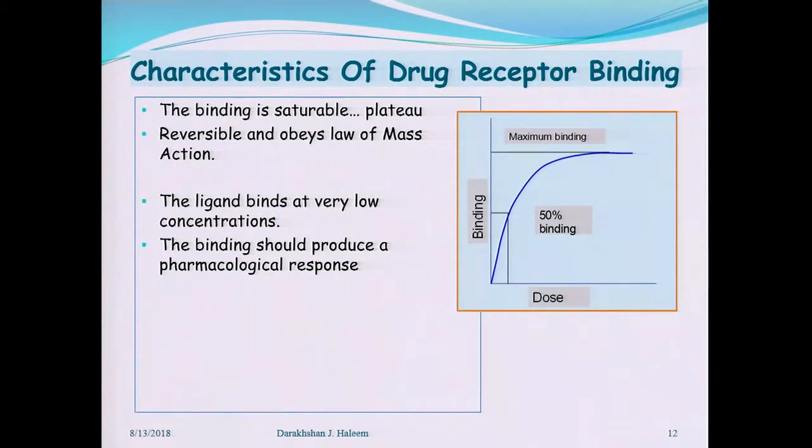A drug binds with the receptor sites and produces a pharmacological response: it is an agonist. A drug binds with the receptor sites at low concentration but is not producing any pharmacological response. You will not say that it's a non-specific response, but you have to test whether it is inhibiting an agonist response or not.